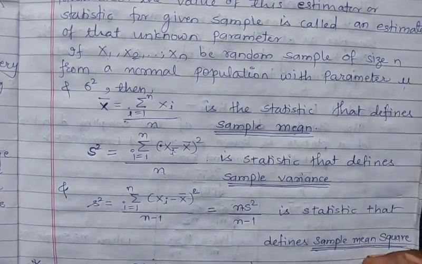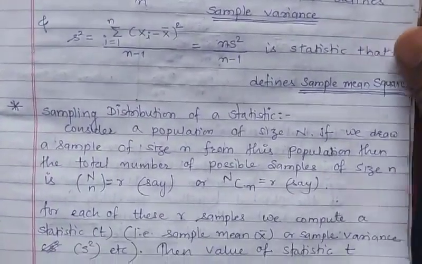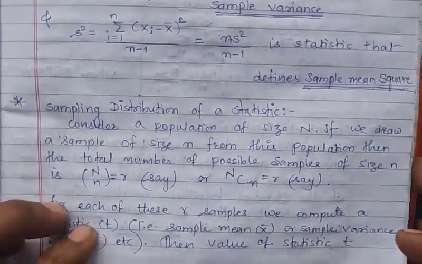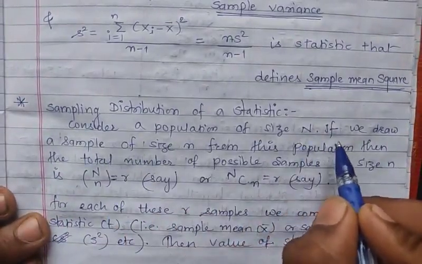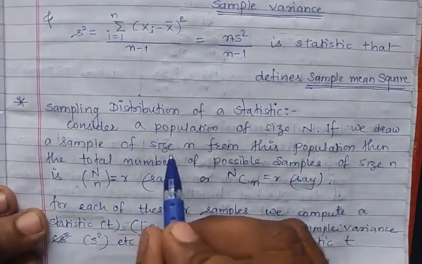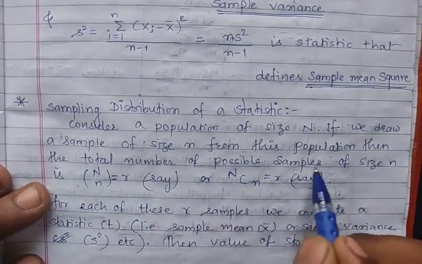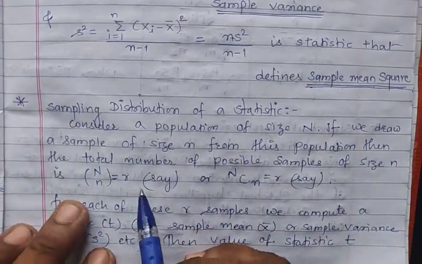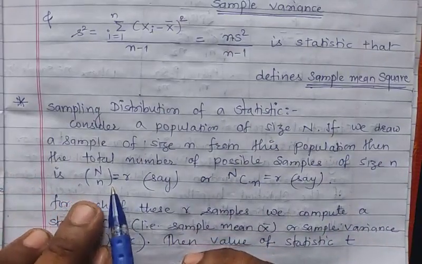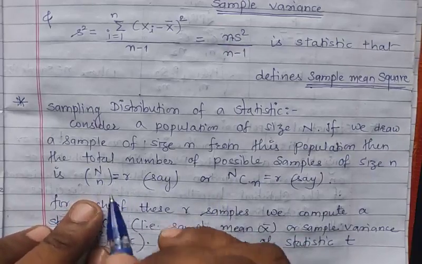Next is the sampling distribution of a statistic. Consider a population of size N. If we draw a sample of size n from this population, the total number of possible samples of size n is found as follows. For selection we use combination, and for arrangement we use permutation.